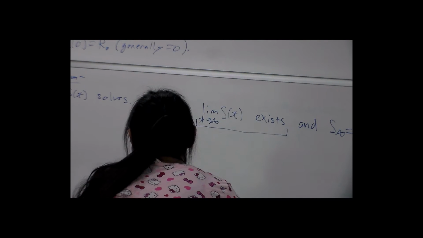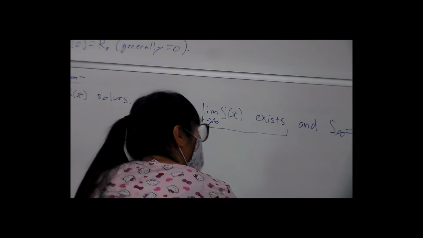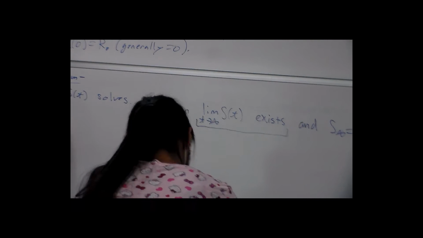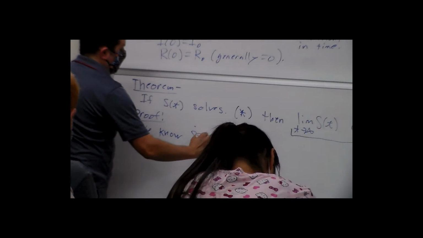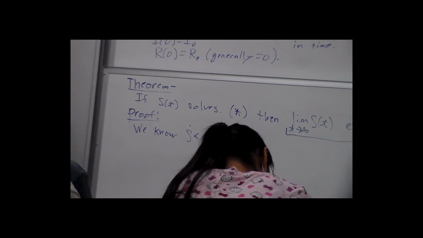Yeah, good. This is similar to what we did last time. How do I apply the monotone convergence theorem? Because the susceptible population, since you don't have that backflow, always continues going down. Okay, good. So the first observation is we know S dot is less than 0. How do I know that's true?